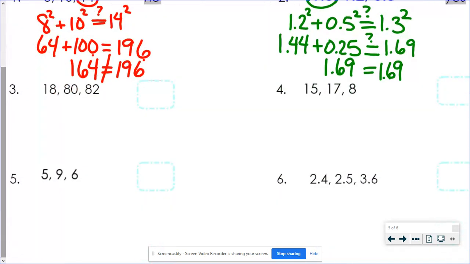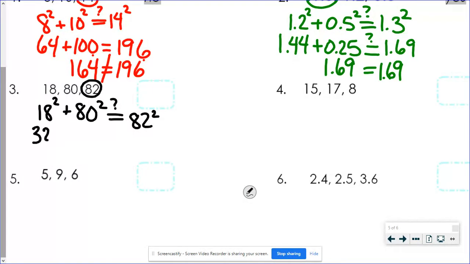For number 3, the longest side here is the 82. So we'll have 18 squared plus 80 squared. Does that equal 82 squared? All right, 18 squared is one that some people might have memorized and I don't have at the top of my head. So 324. 80 squared, we can do that one.